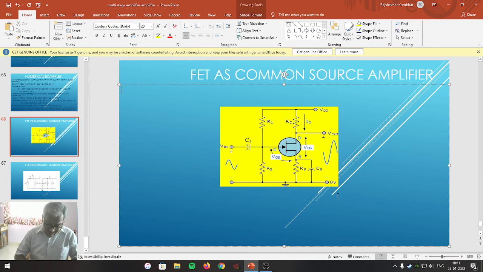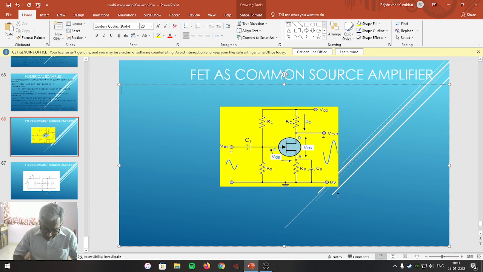Dear students, we have analyzed BJT prior to this in the various configurations, where we calculated or determined the voltage gain, power gain, current gain and also input and output impedance. Let us define today all these parameters and let us perform the analysis in the next period.